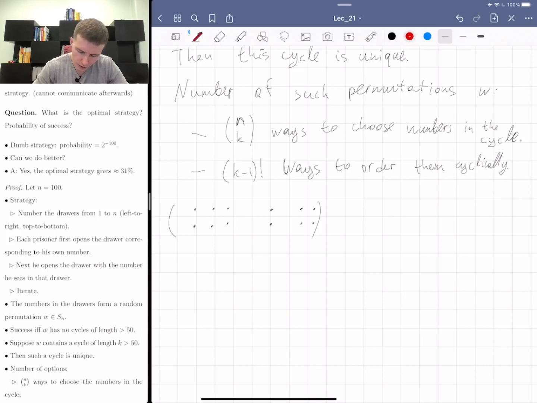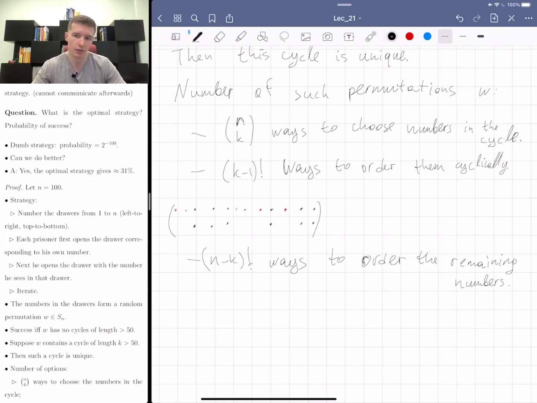For the remaining numbers, you are allowed to permute them in an arbitrary way. So there are n minus k factorial ways to order the remaining numbers which are not in your cycle, and they can form as many cycles as you want of arbitrary sizes.